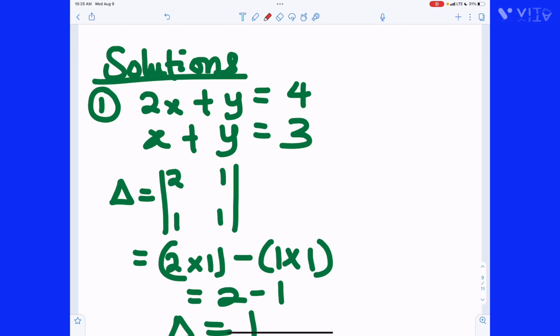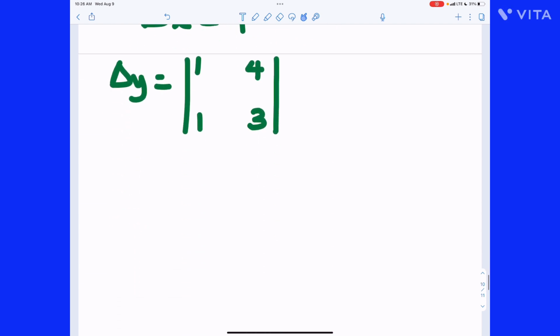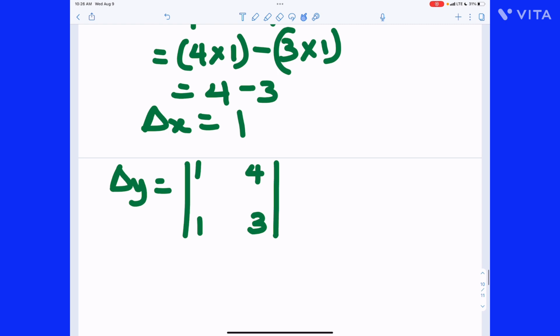Oh, sorry, I've made a mistake here. I should keep the coefficients of x. So 2, 1, 4, 3. It is those of y, which were 1, 1 before, that I will change to 4, 3.